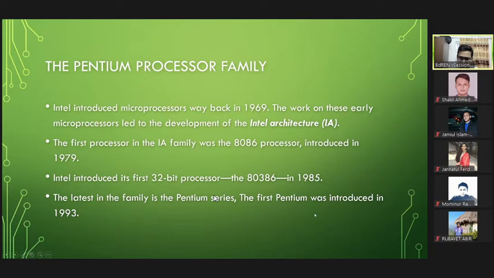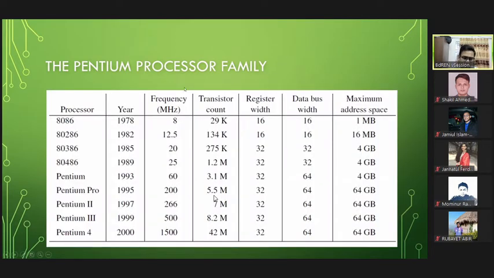Right. Let us check about this. Yesterday, I told you that we don't need to memorize all the information here, but at least the processor name, register width, data bus width, and maximum address space. Maximum address space means the maximum main memory size.